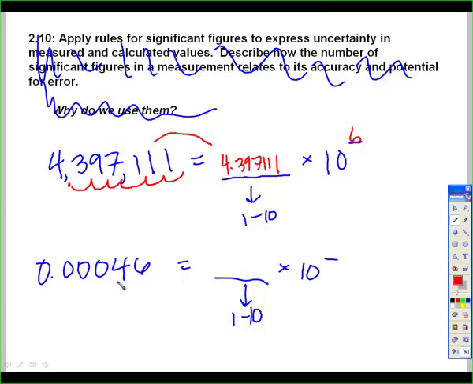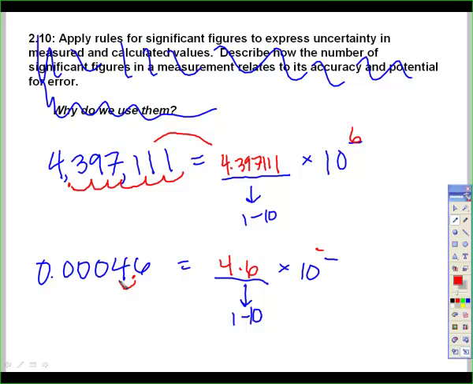I've got to make it 4.6. Well, 4.6 is a lot bigger than 0.00046. So I have to use this part to reflect that it's not 4.6, it's really 0.00046. So in this case, to make it smaller, I'm going to have to divide by 10. So this is going to be a negative exponent.